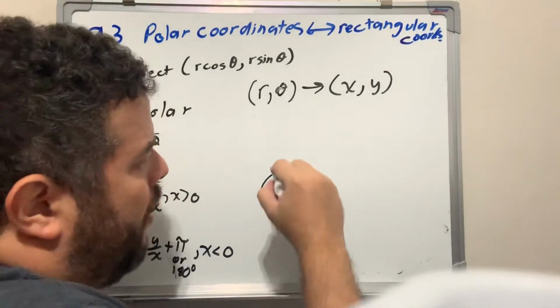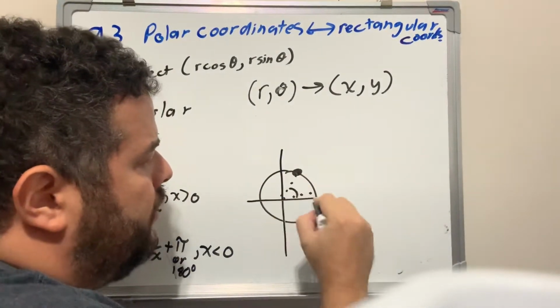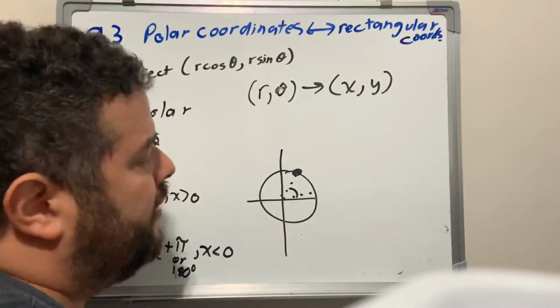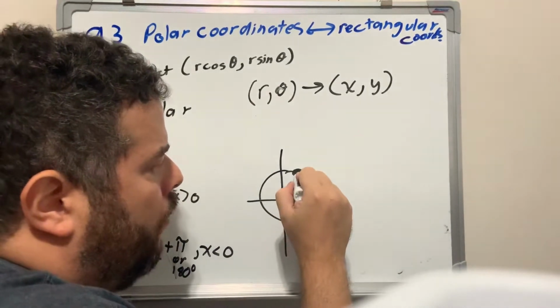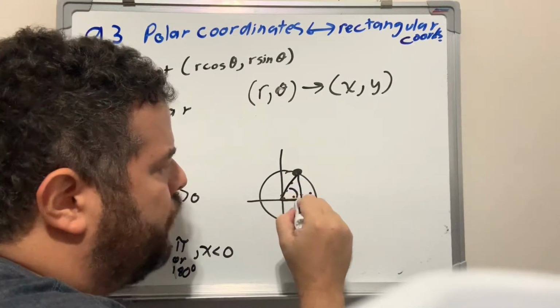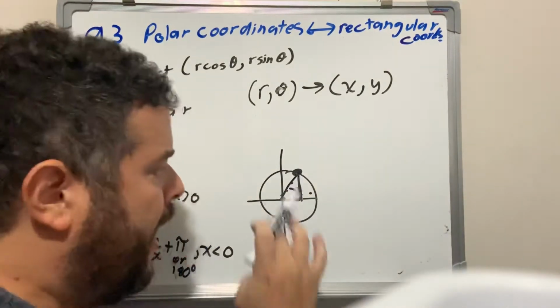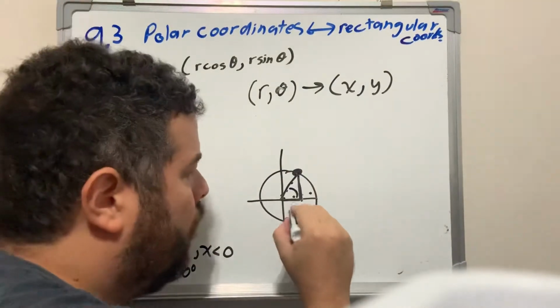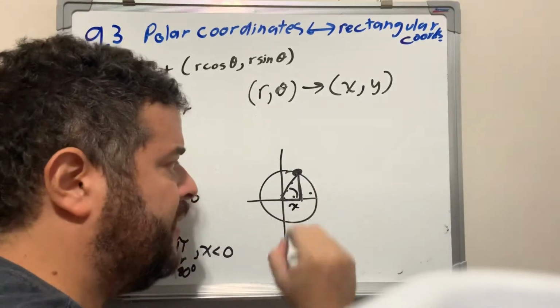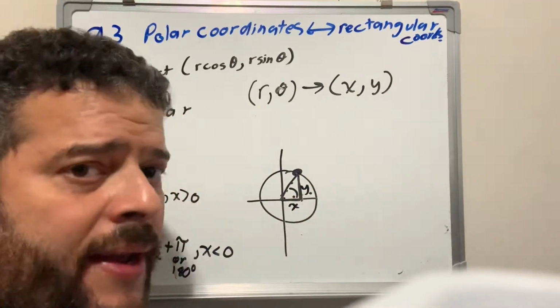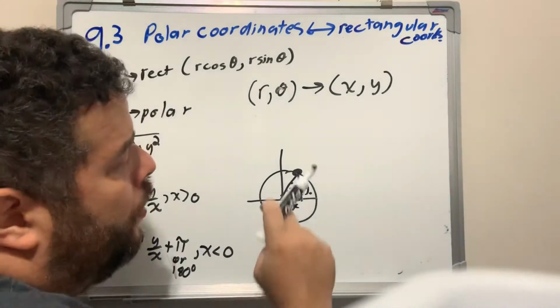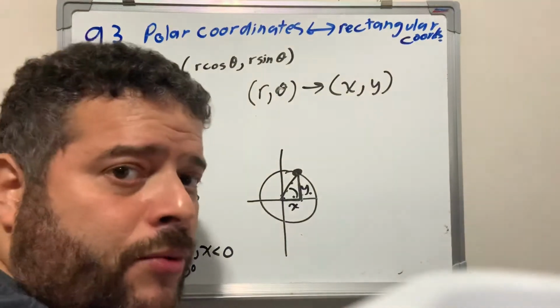I know that if I were to place a Cartesian coordinate axis on top of the pole, would this not turn into a triangle? And from that right triangle, would this not be my x-axis? And would this not be my y-axis? And would this not be my hypotenuse?